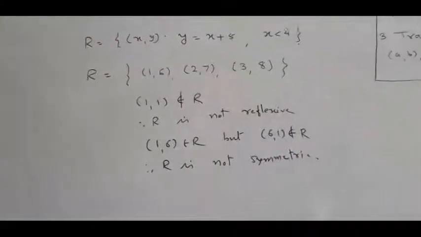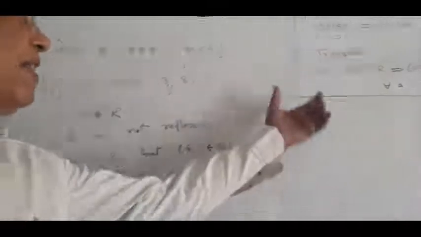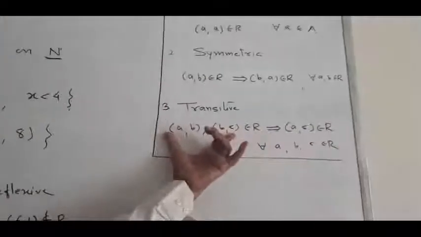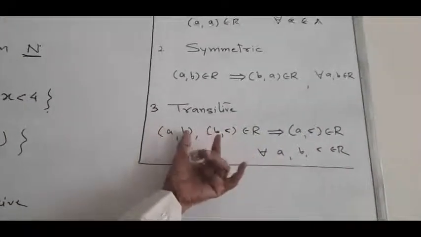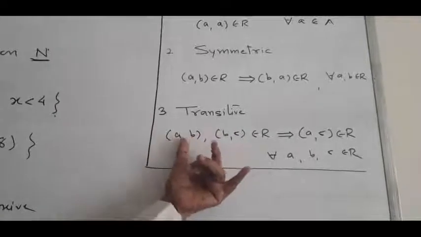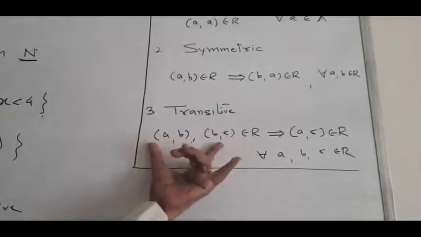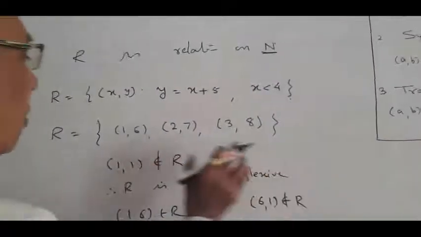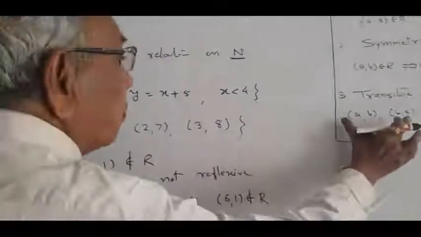Now, a relation is transitive when there are pairs of the form (a, b) and (b, c). In this relation, there are no two ordered pairs of this form.